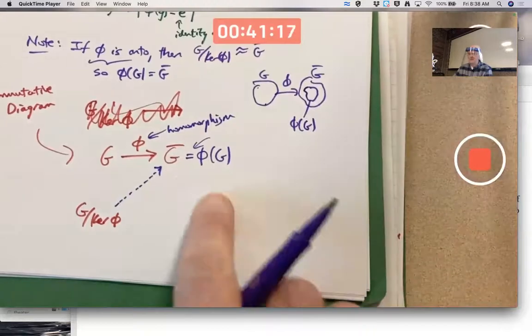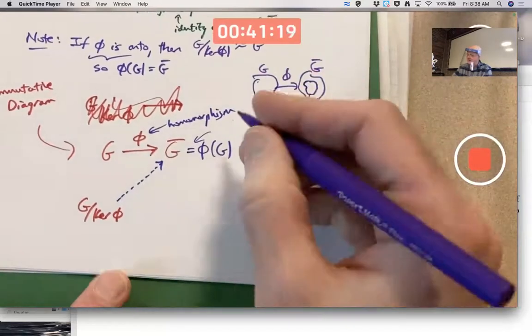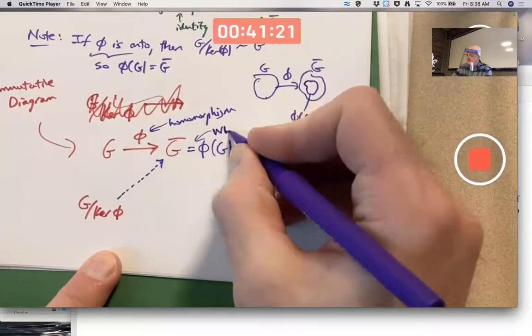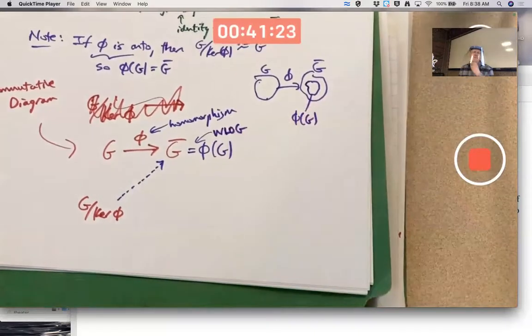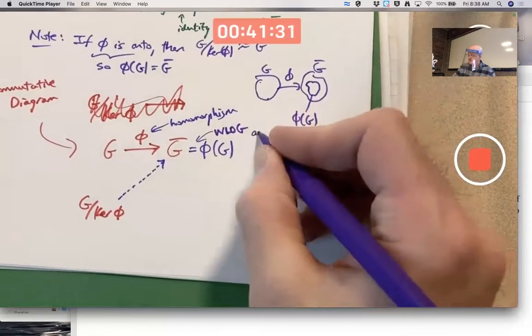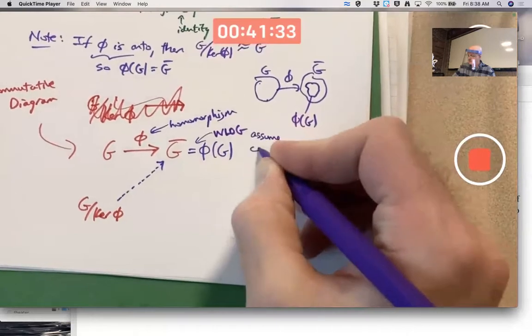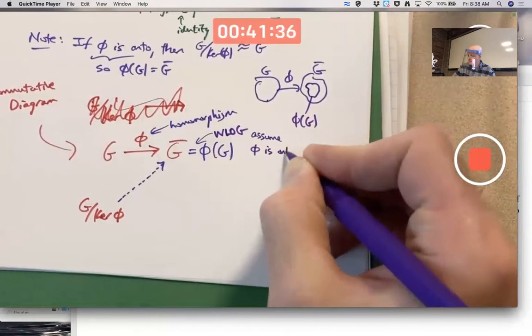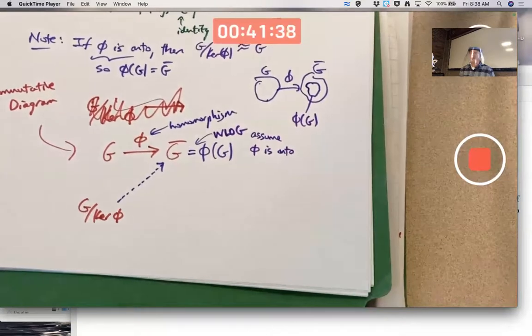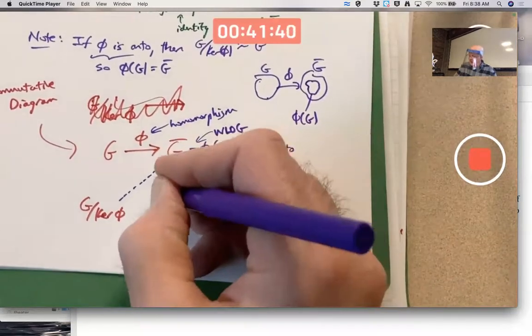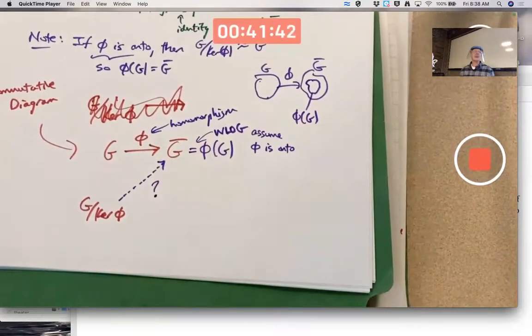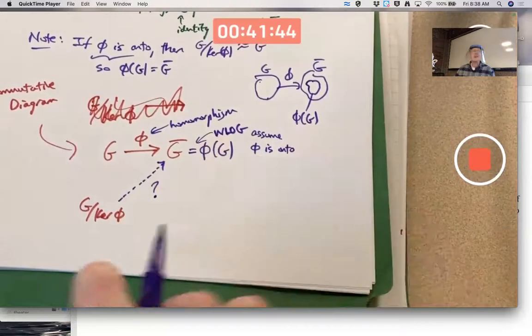So that you can always assume this without loss of generality, you might say. This is a big question mark. What should this function be? What is the isomorphism?